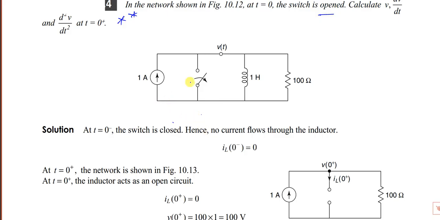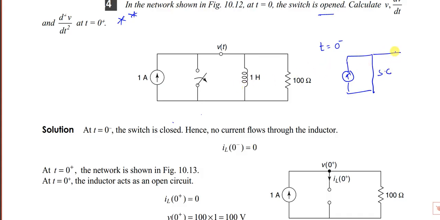Initially the switch is closed. For t equals 0 minus, the switch is closed. Please see here, the switch is closed. This is a short circuit, that means closed.